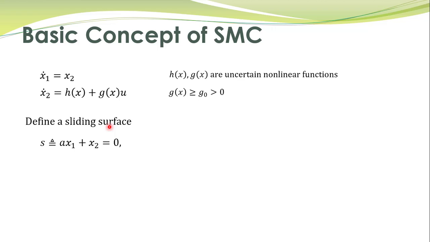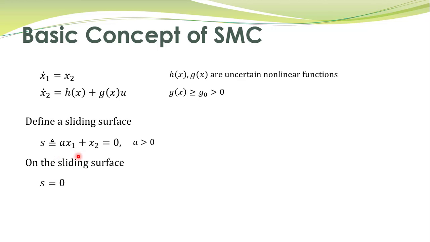Here it is simply the equation of a line, but in general we call it a surface, and call this equation the sliding surface. So if we can somehow maintain system trajectories on this sliding surface, this has very useful consequences.